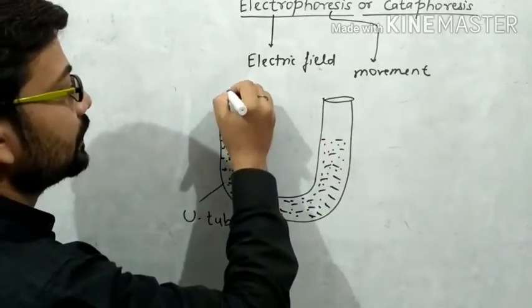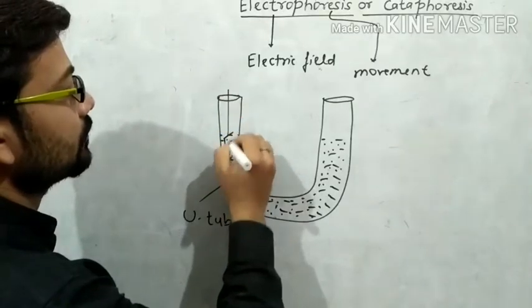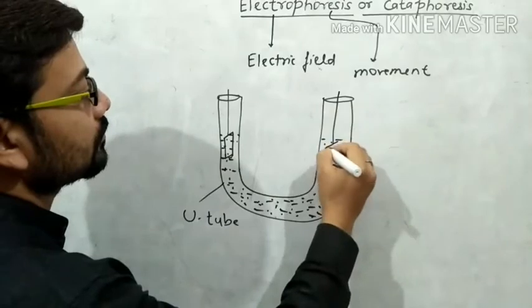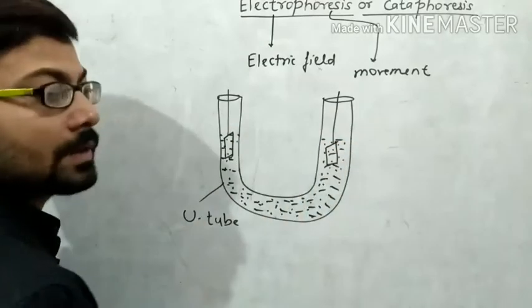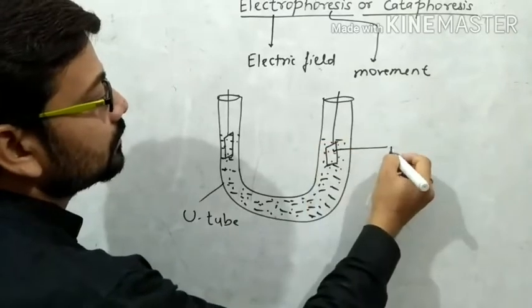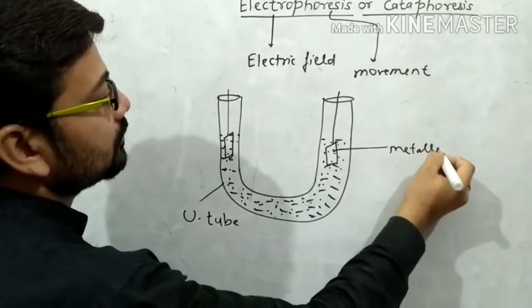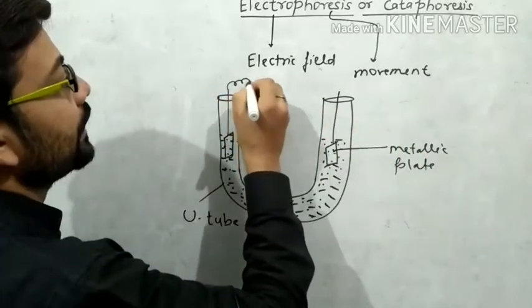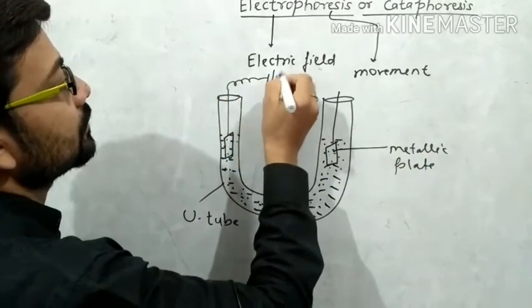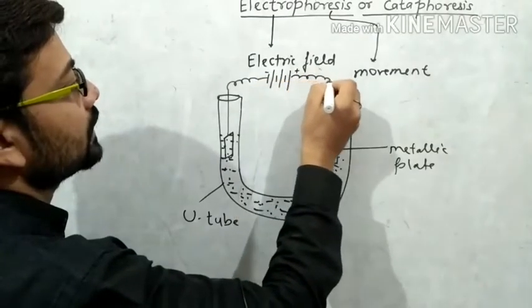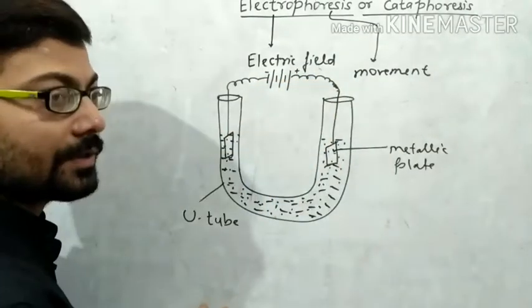We place a metallic plate in this colloidal solution, and attach it with a source of voltage, that is potential, meaning a battery.